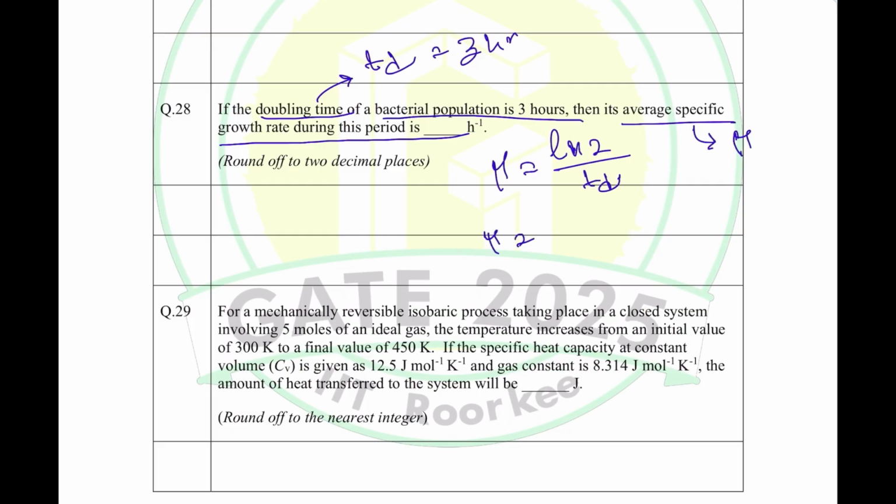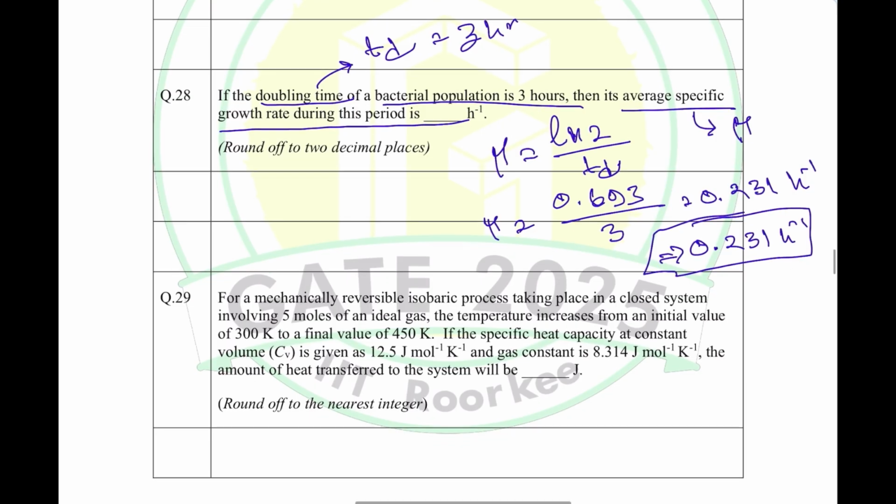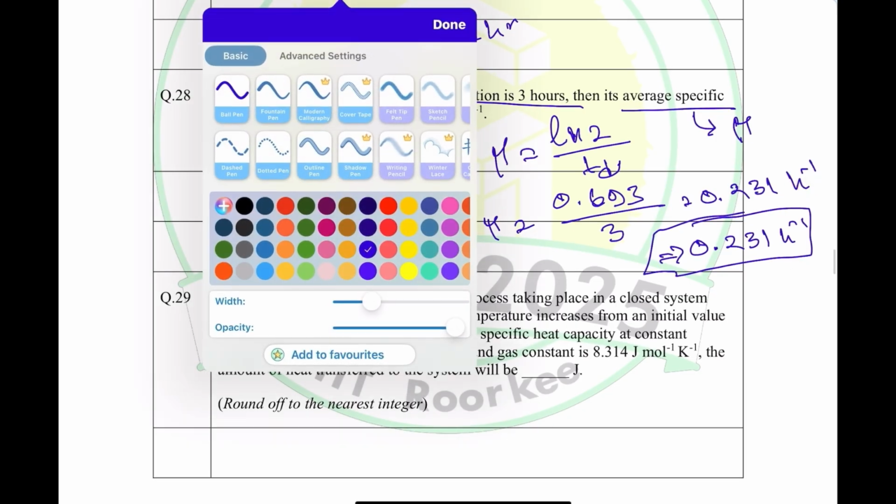We know ln2 is 0.693, so the answer is 0.231. Okay, so this is the answer. It's very simple. Just need to remember the formula.